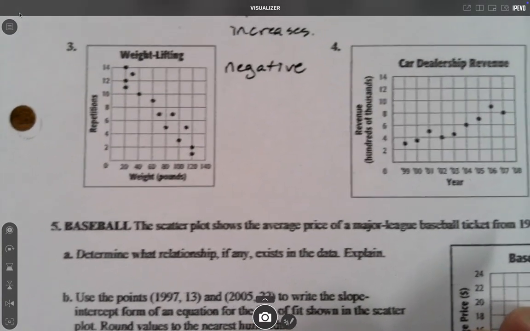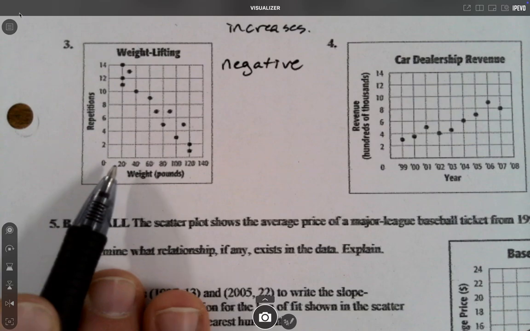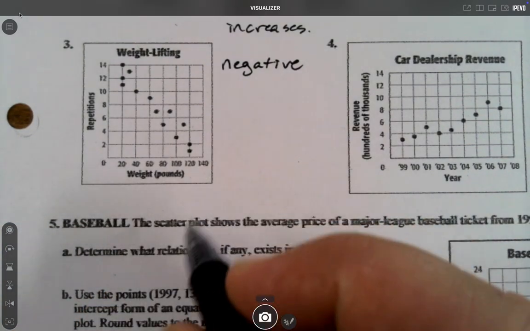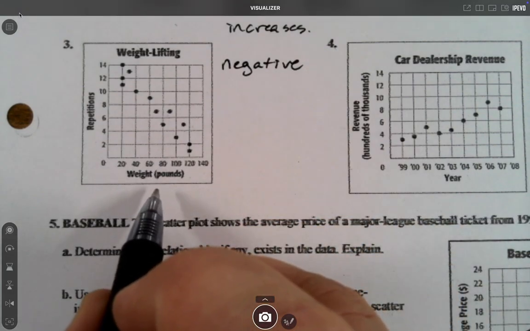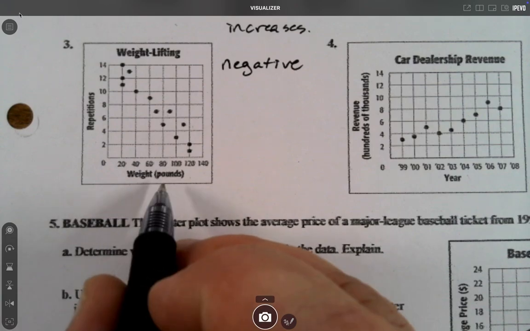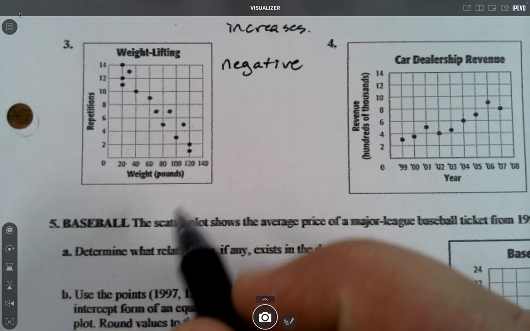Okay, let's look down at number 3. So again, this is a negative correlation because we see overall as x increases, y decreases. So I believe this is the weight that they are lifting. They're not talking about the person's weight. So they're talking about weightlifting. This is how many pounds they're lifting.